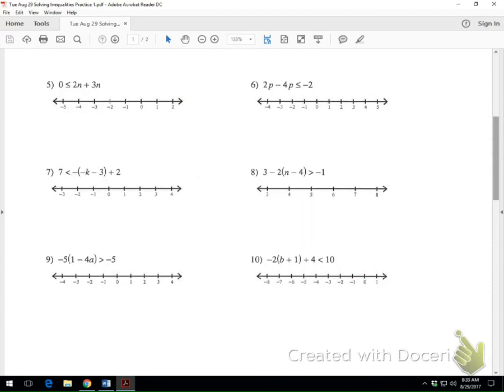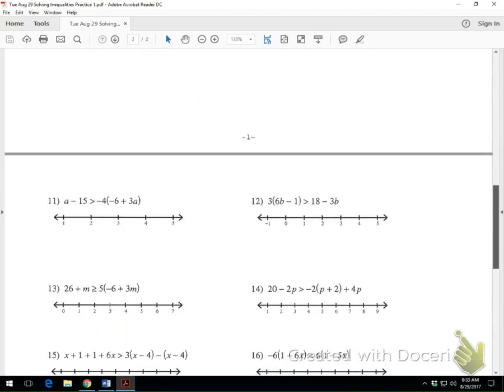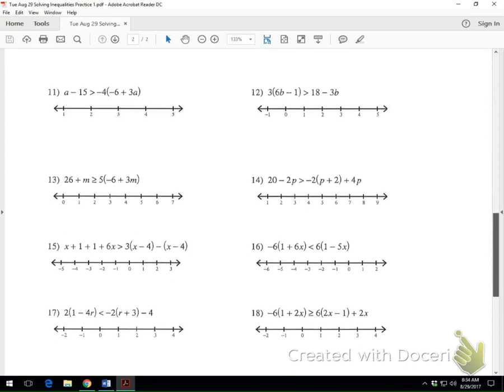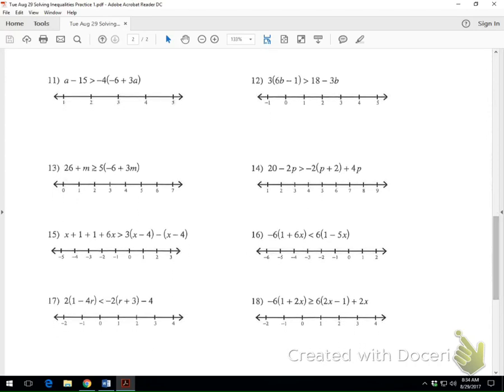Okay, so let's look at the back side. You're doing very similar stuff to what you just did. Now, there is a few of them where you have letters on both sides. Remember, move the letter to the left side. Now this one, there is no compound in this, so you're only going to get one dot.